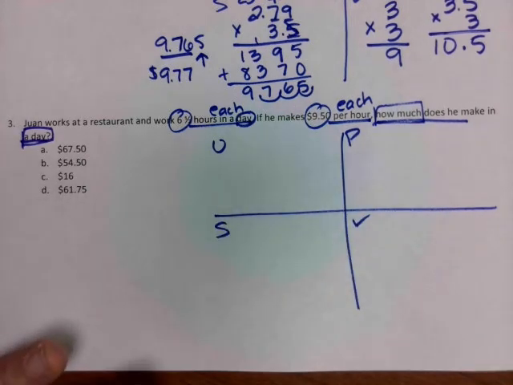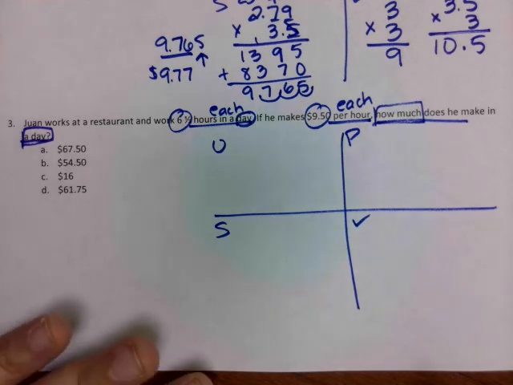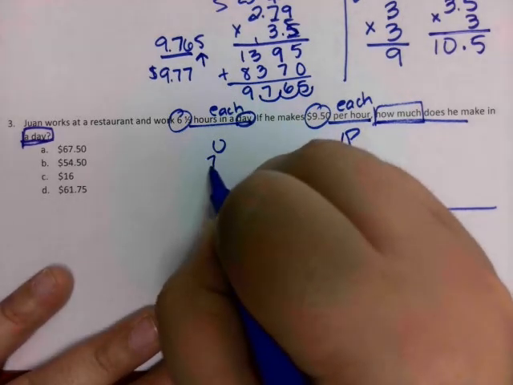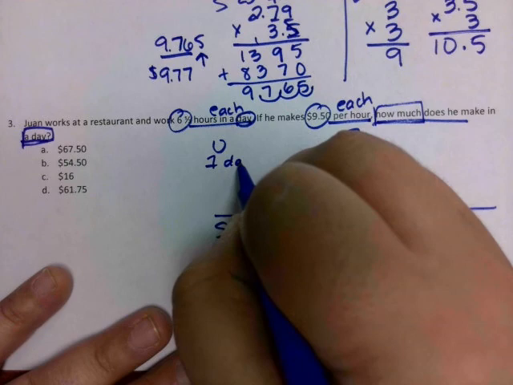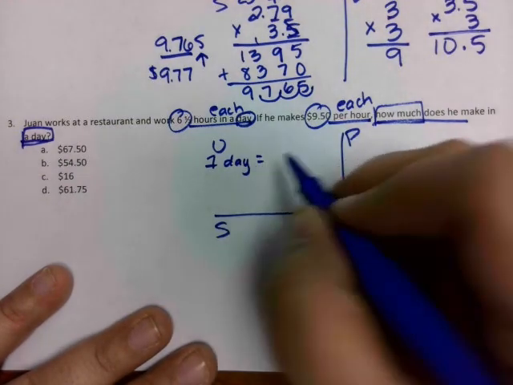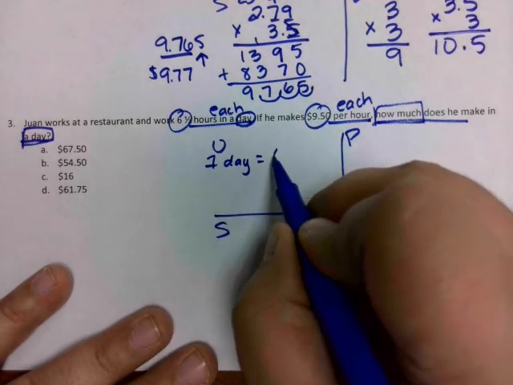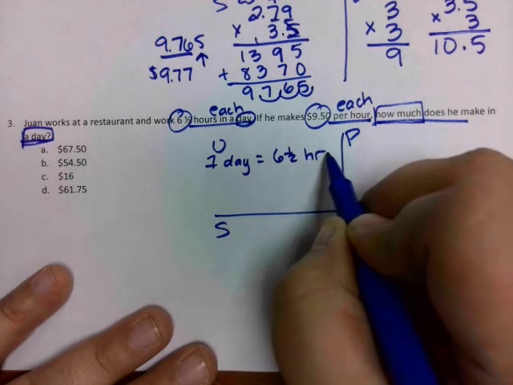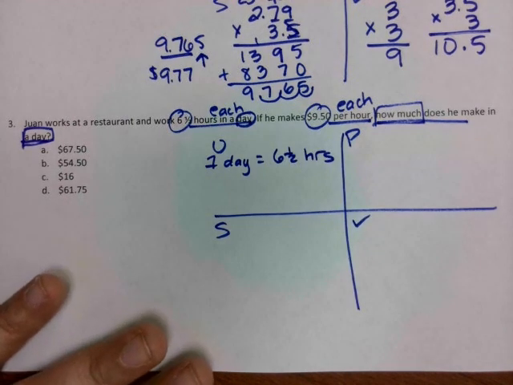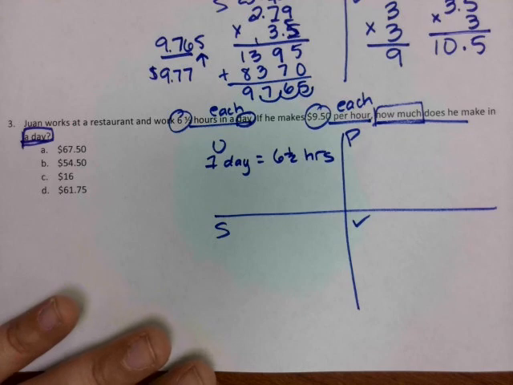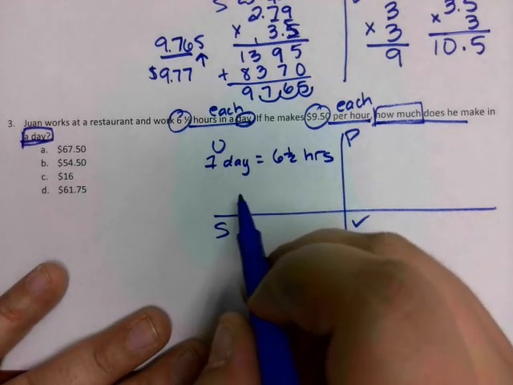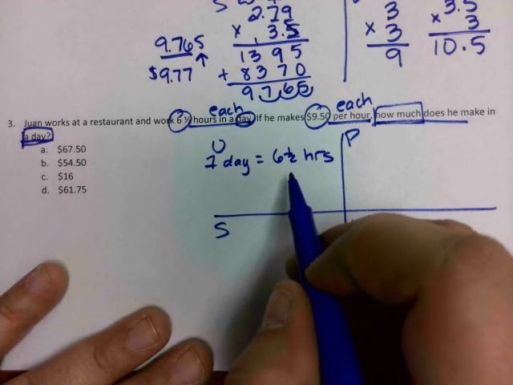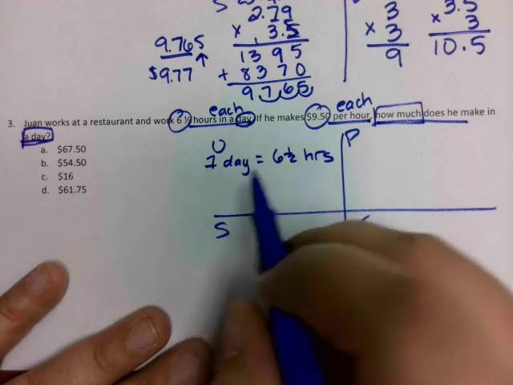So let's talk about what we understand. So we know that in one day he works 6.5 hours. I'm sorry, I got confused.